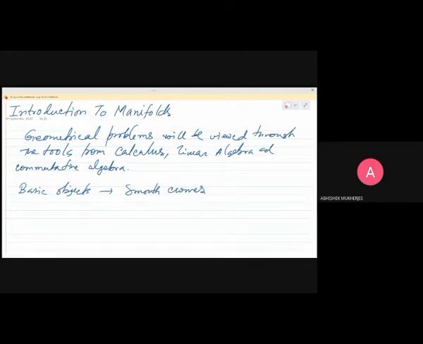Smooth curve means where at each point you can get the notion of tangents, and surfaces. So these are basic objects in the Euclidean space Rn, right?